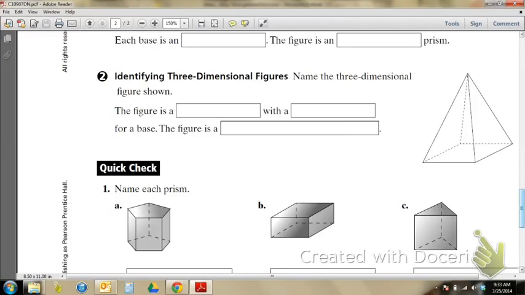All right, the figure, okay. Well, I can tell that the figure is a pyramid, but what kind of base does it have? Here's the base. It looks like it's a square. So I would call this a square pyramid.